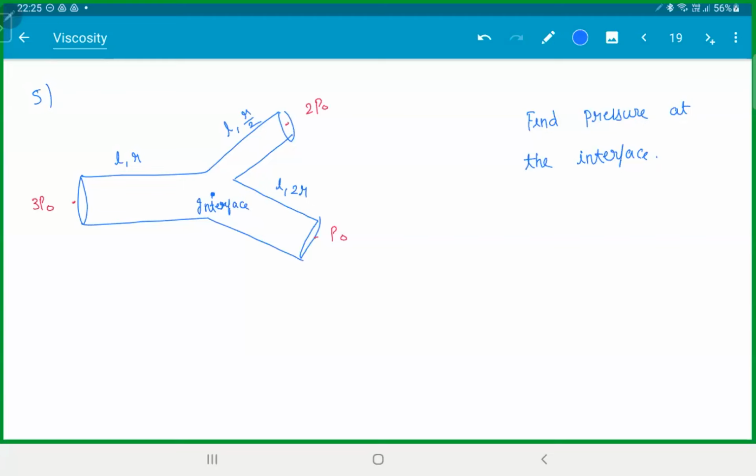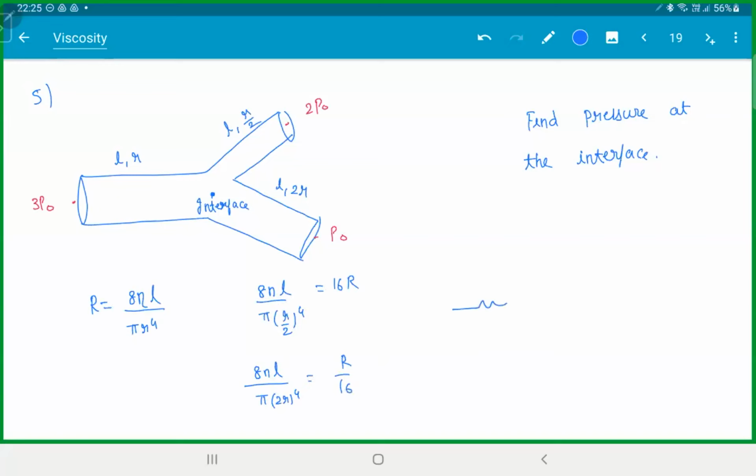First thing, let's define R as 8 eta L by pi R power 4. That means that guy will be how much? 8 eta L by pi (R by 2) power 4 will be 16 times R. Numbers will be bad, right? And with 2R, R power 4 will give R by 16.